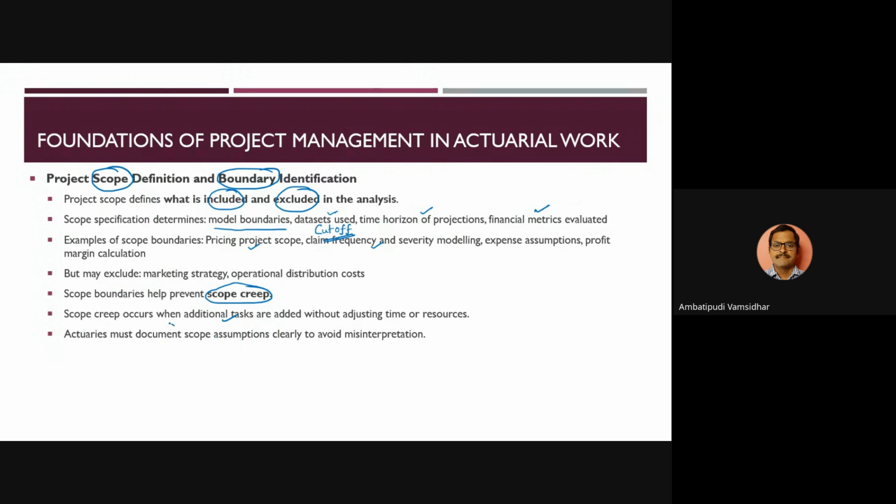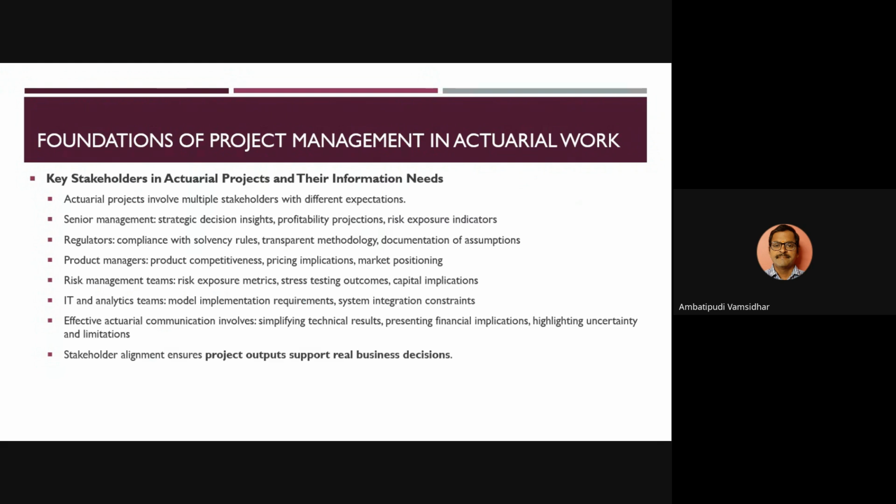And obviously the whole scoping also should be documented. In the earlier case, we talked about defining the objective, which is very, very essential. Now the second important thing that we are doing is defining the scope of the project, which is also equally important.